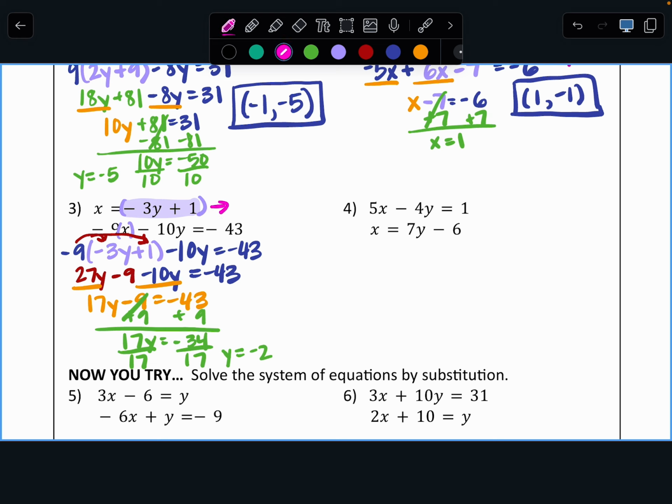Substitute negative 2 for y to find x. So x equals negative 3 times negative 2 plus 1. So x equals 6 plus 1, x equals 7. The solution is 7, negative 2.